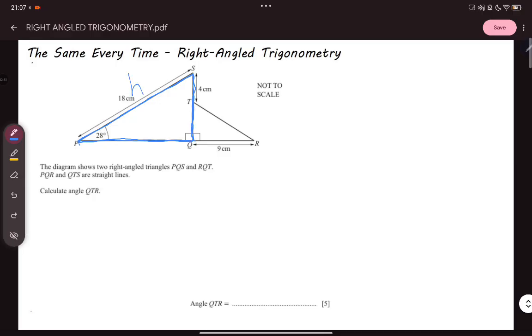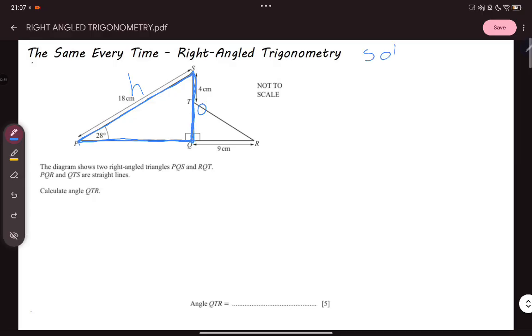So this side would be the H, that's the longest side, the hypotenuse opposite the right angle. And the entire side, forget about the letter T in there or the 4 in there, the entire side is the O side. So in this right angle triangle, the one that I've written out in blue, we've got O and H.